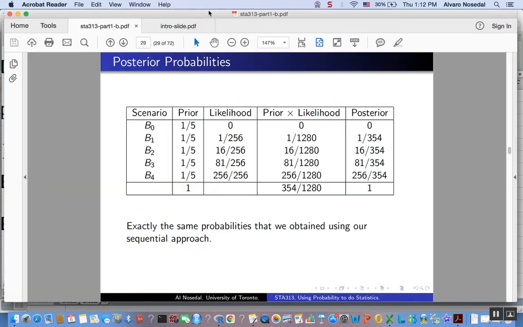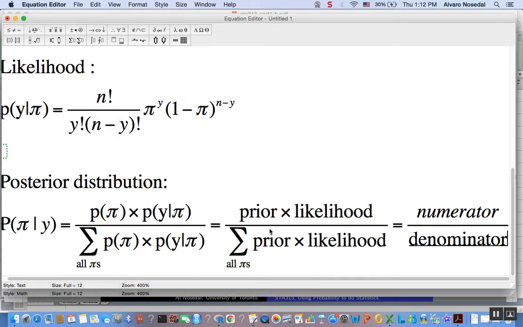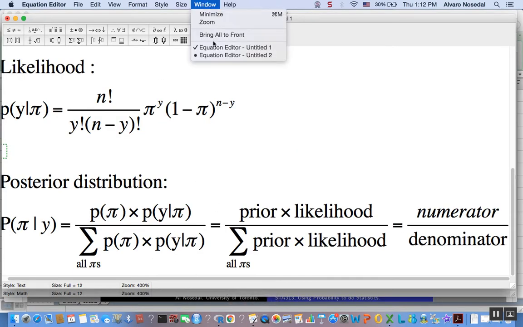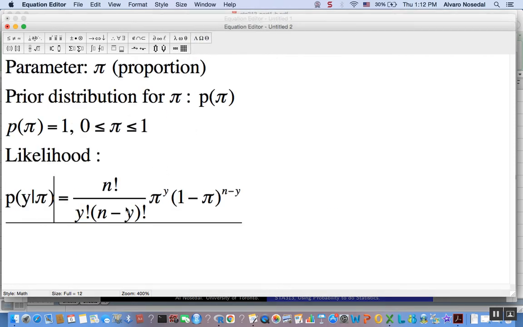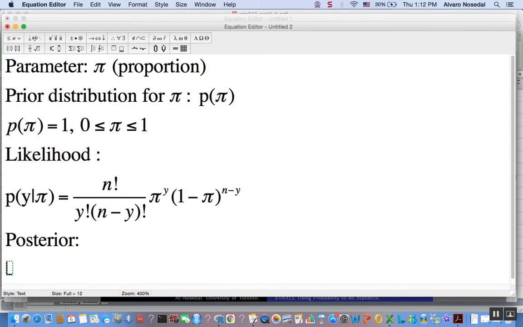So let's find that posterior for that extension. Let's find that numerator first.